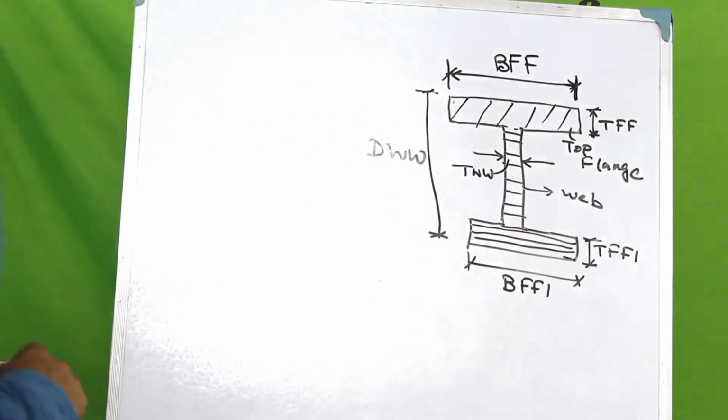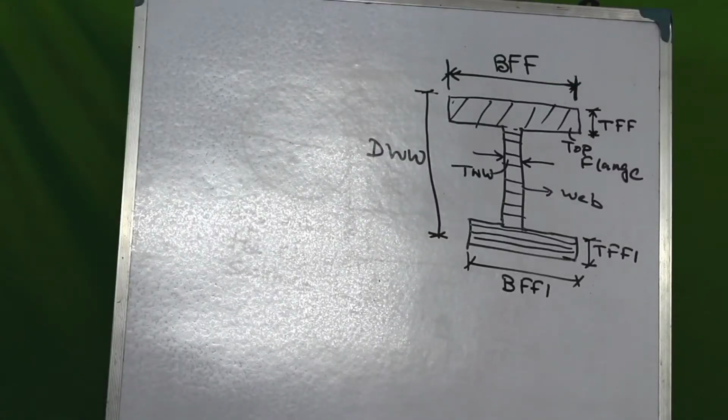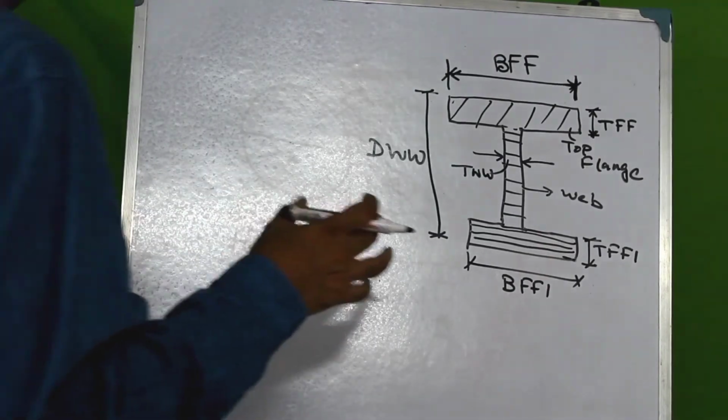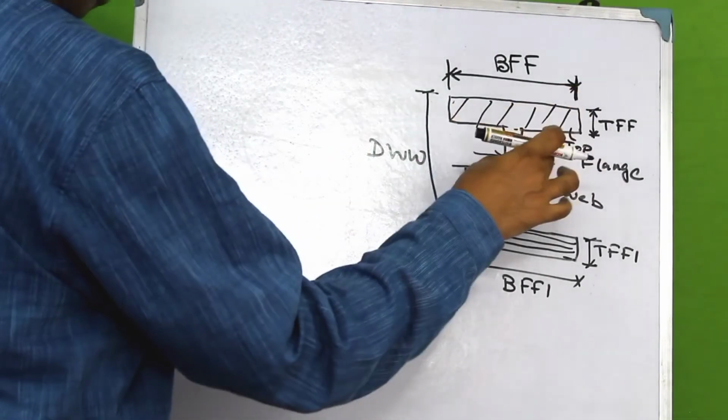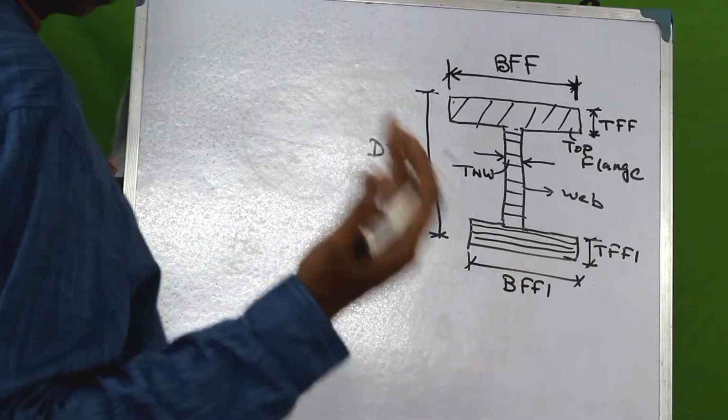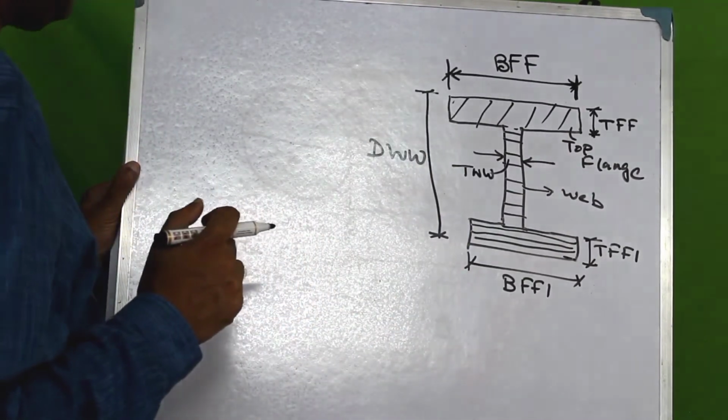Now, how do we calculate the area of this section? The area of the cross section would be nothing but the summation of the cross-sectional areas of all these simple rectangles, right? And we already know what the cross-sectional area of the rectangle is.